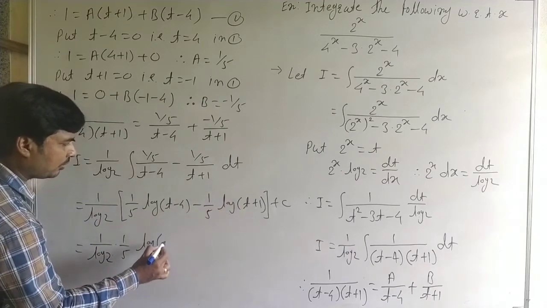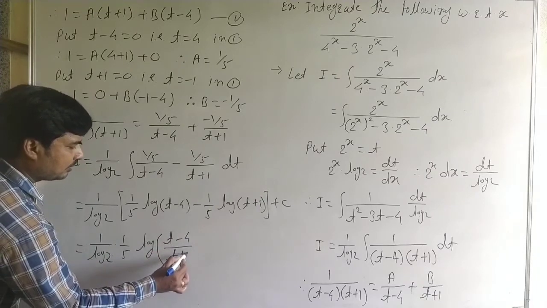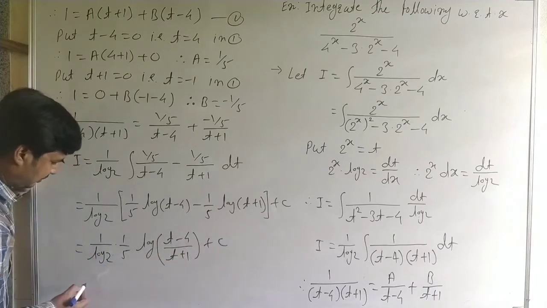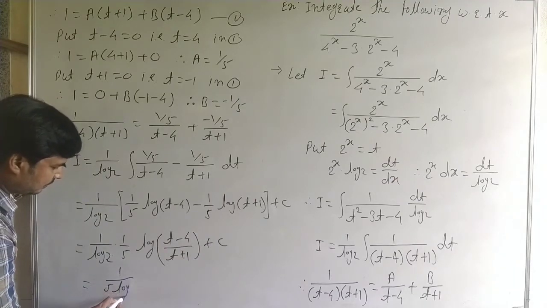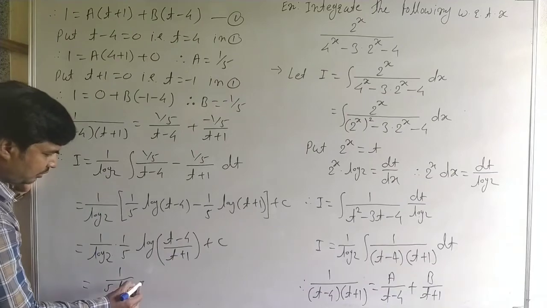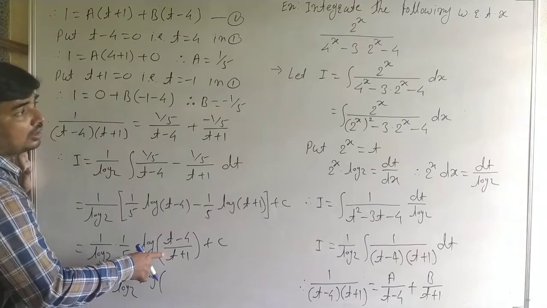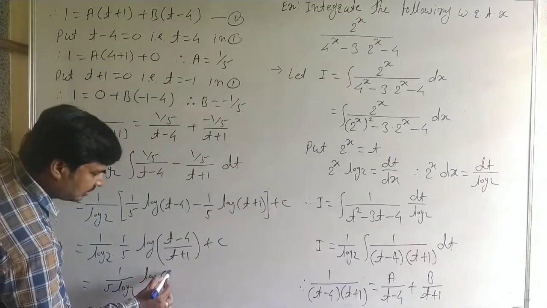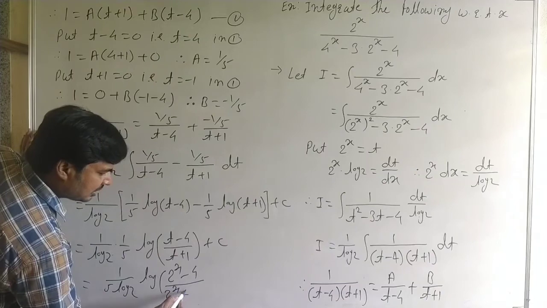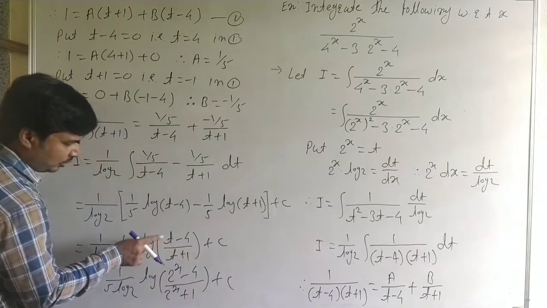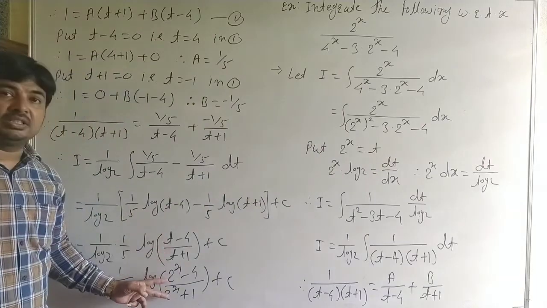Here we use the property of logarithm, that is log of t minus 4 upon t plus 1 plus c. And now last put the value of t. Therefore, 1 upon 5 into log 2 into log of, replacing t by 2 to the power x, 2 to the power x minus 4 upon 2 to the power x plus 1 plus c. Only replace t by 2 to the power x, and it is the last answer.